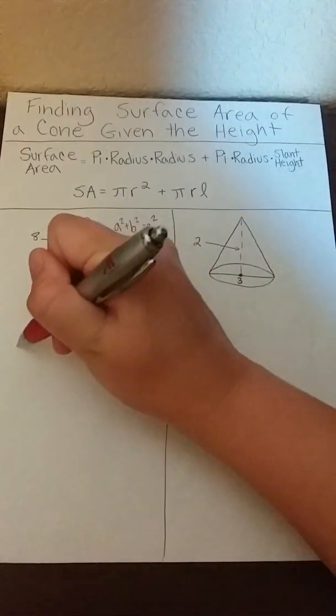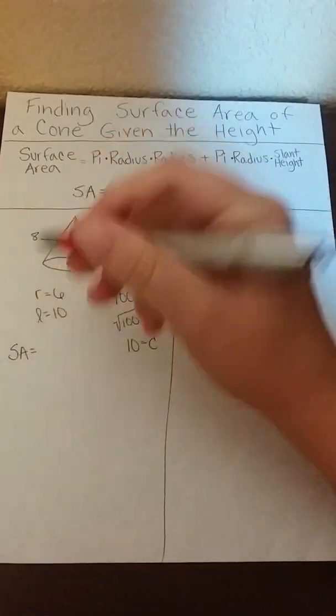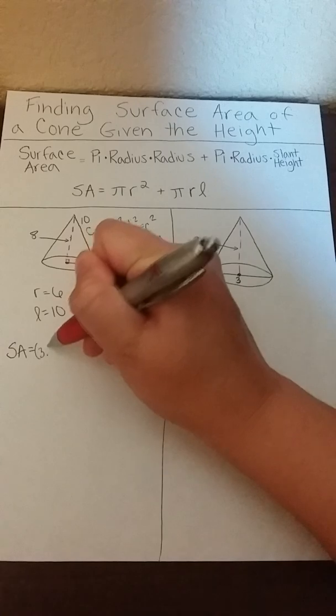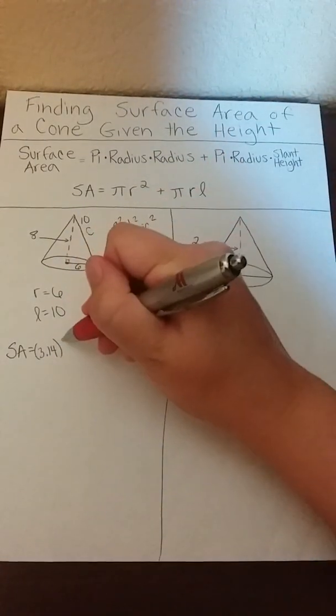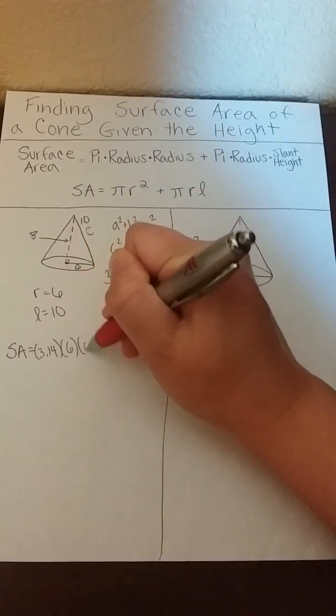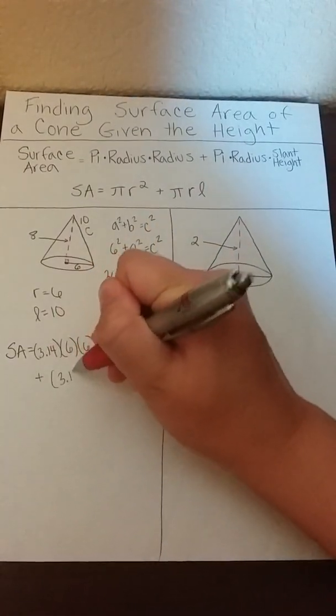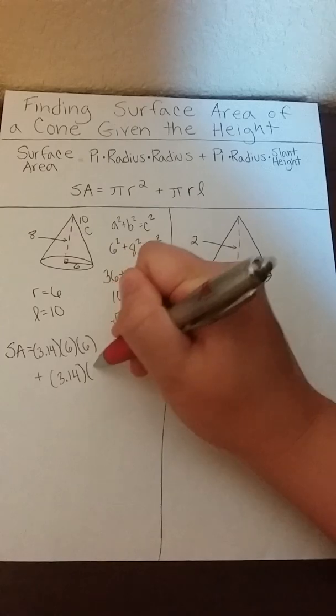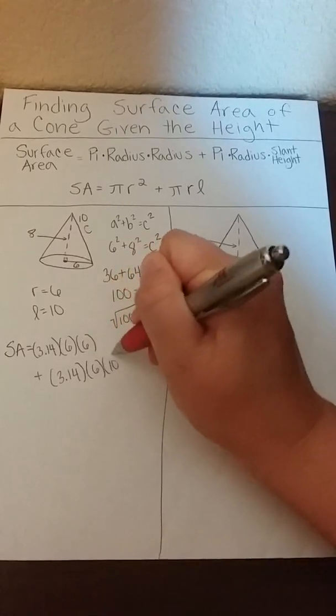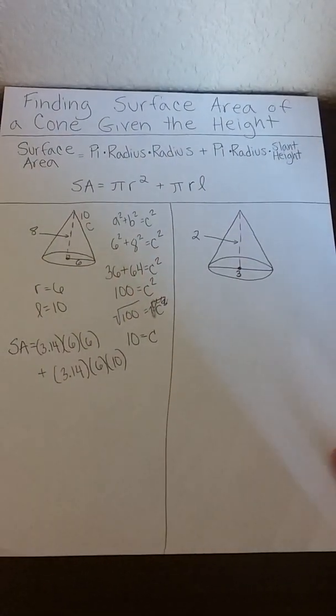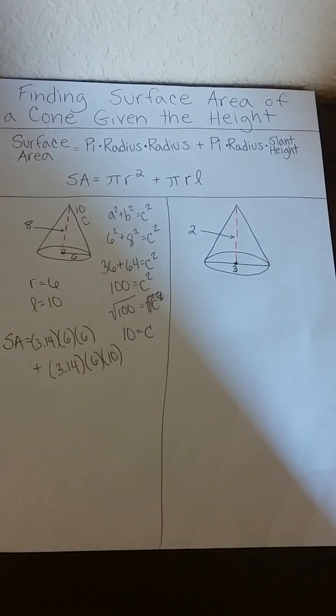So I'm going to do surface area equals, for pi I'm using 3.14, and then times radius squared, plus pi, and again I'm using 3.14, times radius times the slant height. We do multiplication first.